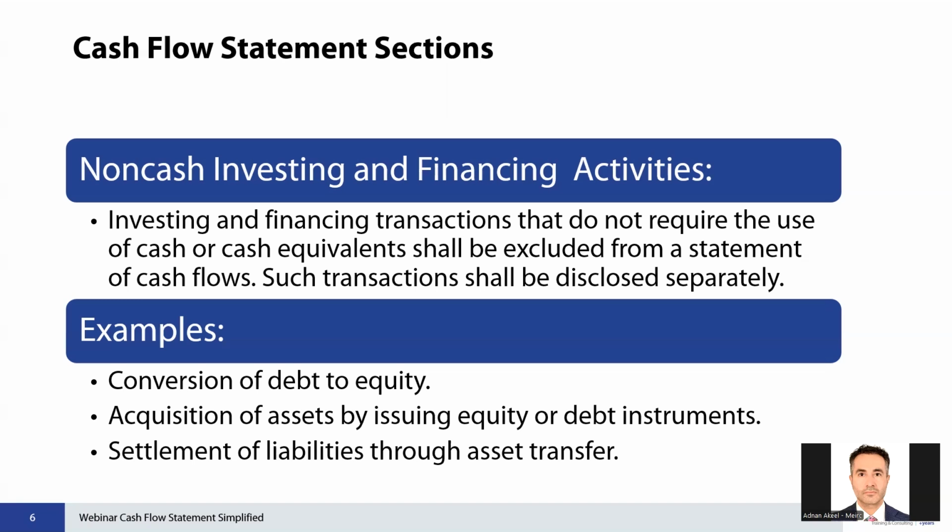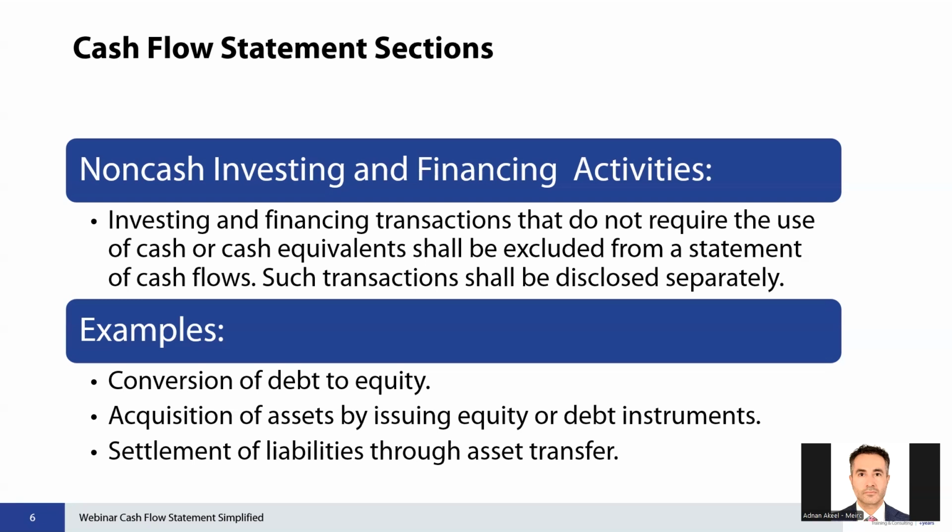The other example, for instance, is if we acquire a company, or if we acquire a major asset in the business by issuing shares, that is equity, or by issuing bonds or sukuk, that is a debt instrument. Also, sometimes we have a liability, for example a loan from a bank, and we have no liquidity.